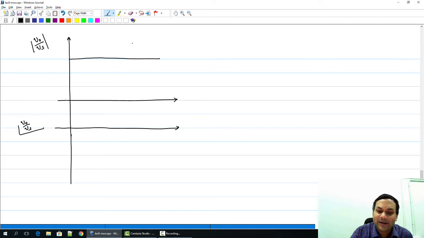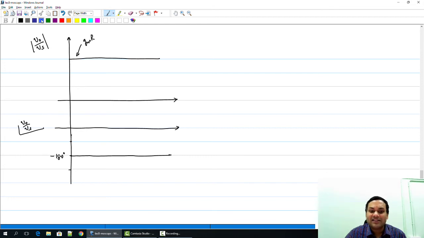It has a constant gain irrespective of frequency, whose magnitude is Gm times R. The phase of the circuit is now a constant value of minus 180 degrees.